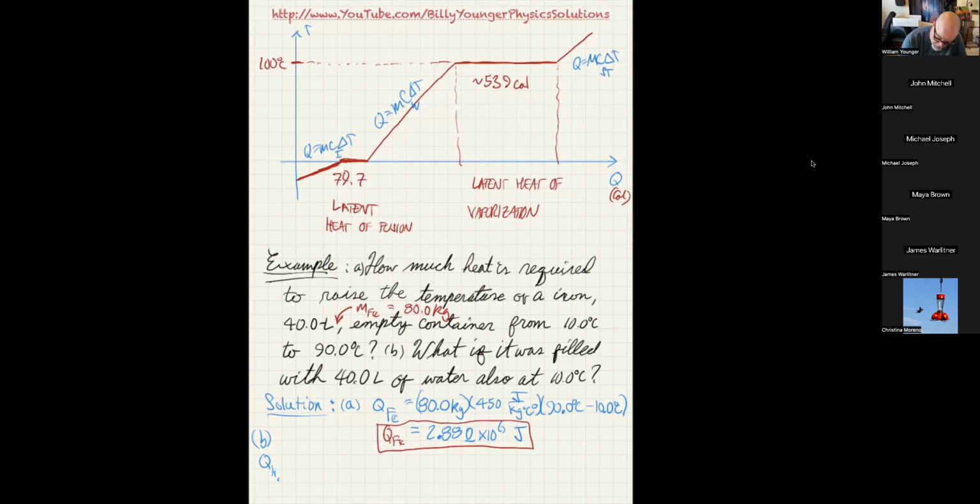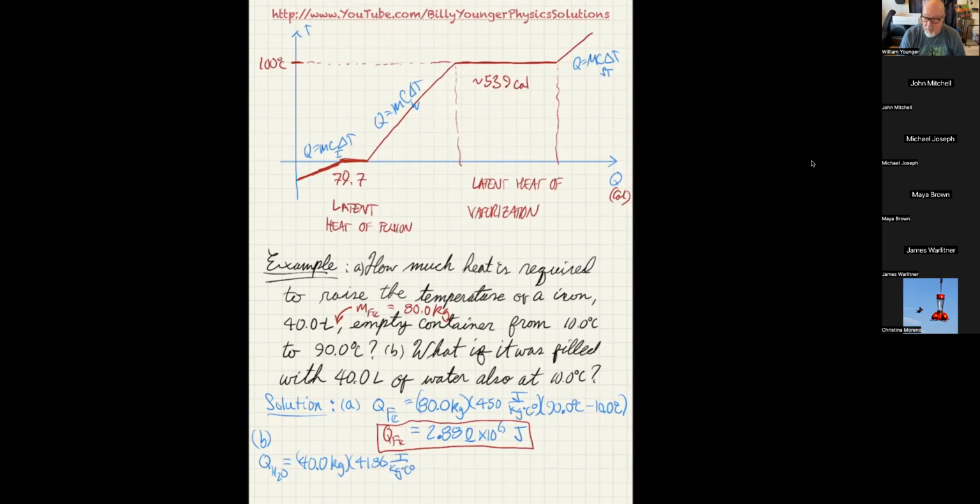So I'm going to put right here, well, I'm going to erase a bunch of stuff evidently because my iPad said I would. But anyways, this is going to be 40.0 kilograms. Now the specific heat, that's probably something you should also know, just like you should know the natural log of 2 and the natural log of 0.5. For water, it's 4,186 joules per kilogram Celsius degree.